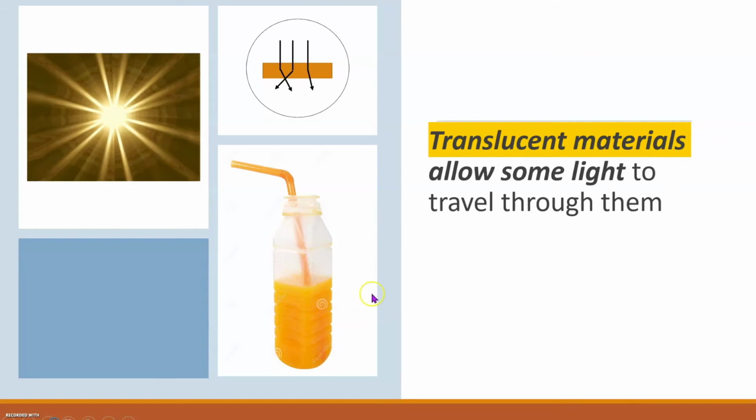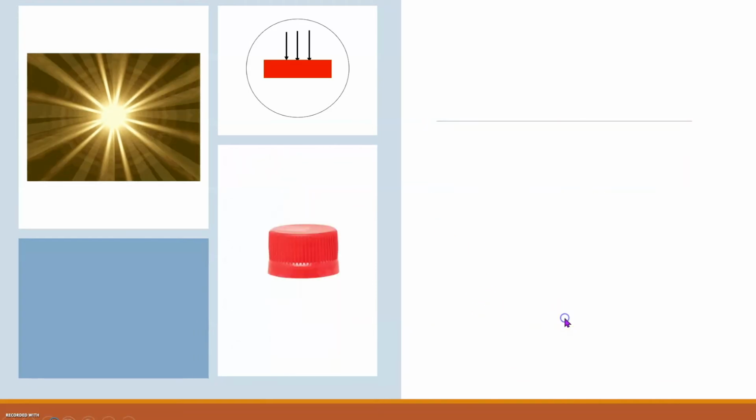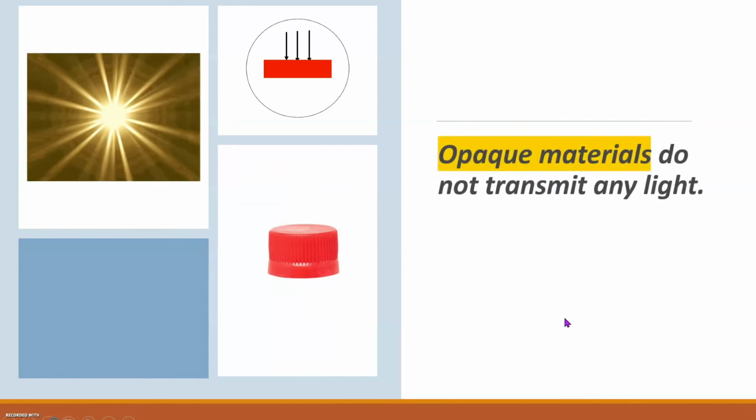Just some of them. Again, what material allows some light to travel through them? Very good. Translucent materials. Good job. Okay, the next material is opaque materials. Again, repeat after me. Opaque.